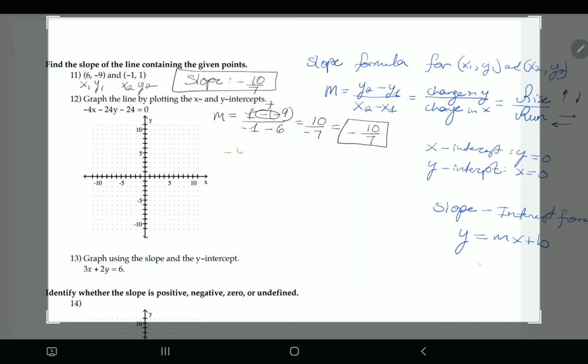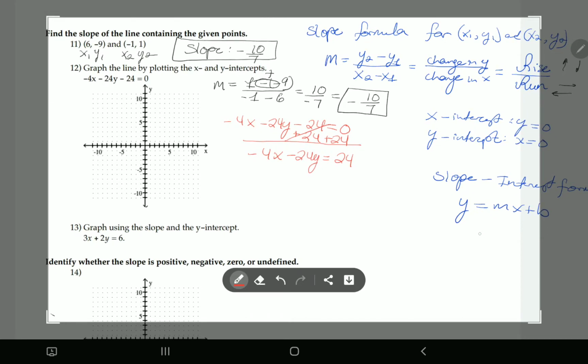We have -4x minus 24y minus 24 equals 0. First I want to add 24 to both sides: -4x minus 24y equals 24. And I want to use that equation to find my x-intercept and my y-intercept.